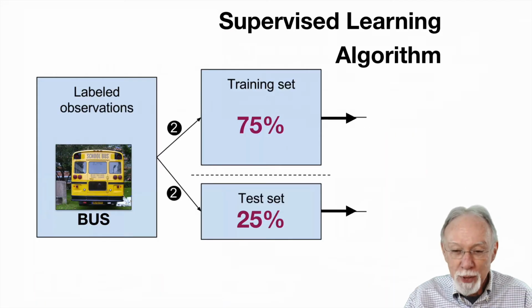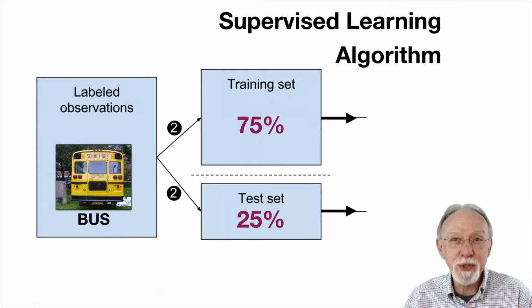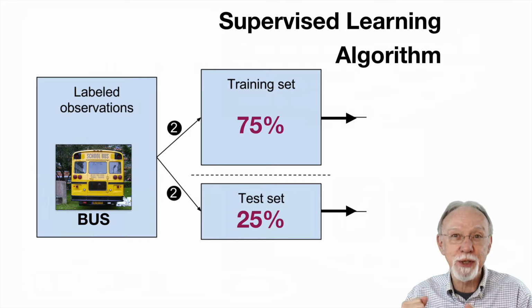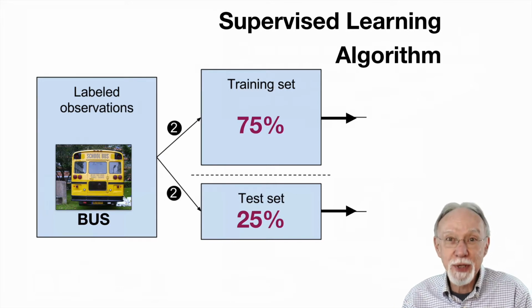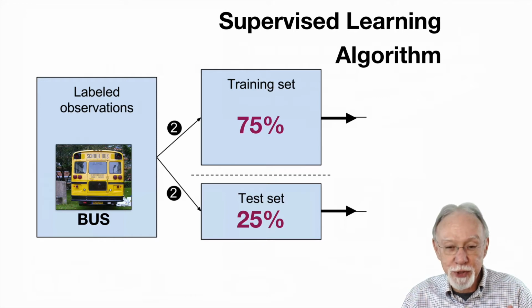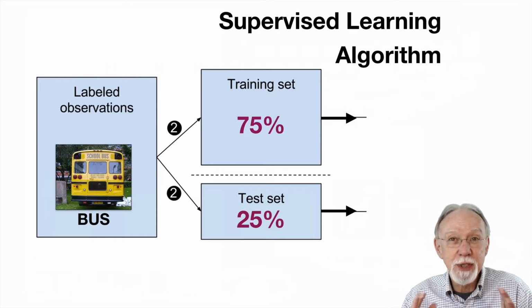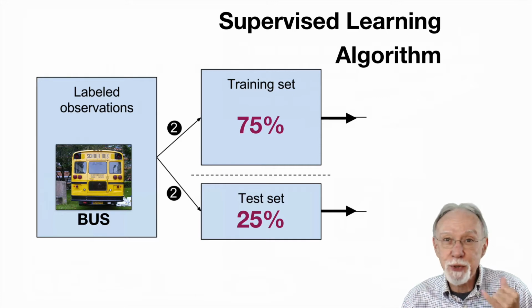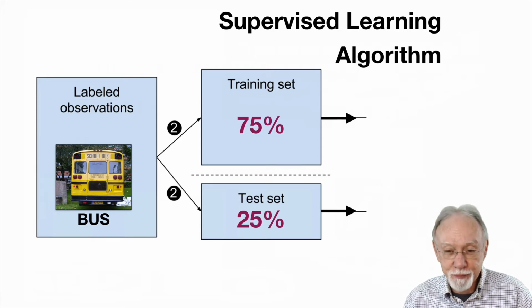Wow. So how is this data used in a supervised learning model? Well, to the left, we see a database of labeled observations. So maybe we have 500,000 labeled vehicles. So there's bus, car, bicycle, truck.